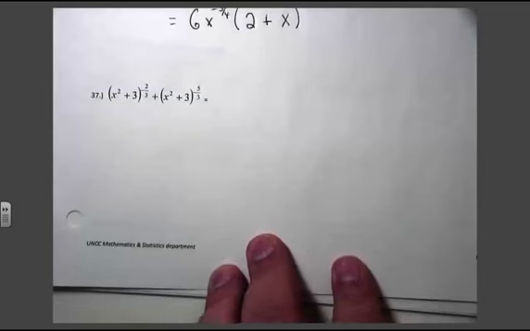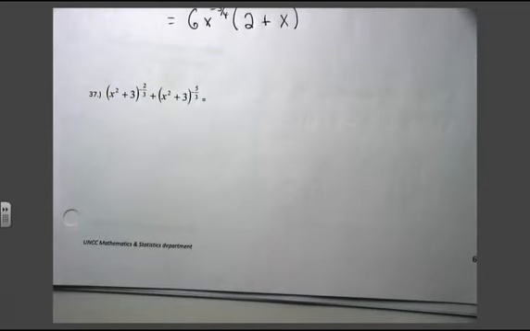Okay, questions? All right, so I got x squared plus 3 raised to the negative 2/3 power plus x squared plus 3 raised to the negative 5/3 power. Both negative. So they have an x squared plus 3 in common, but what am I going to factor out of this guy?